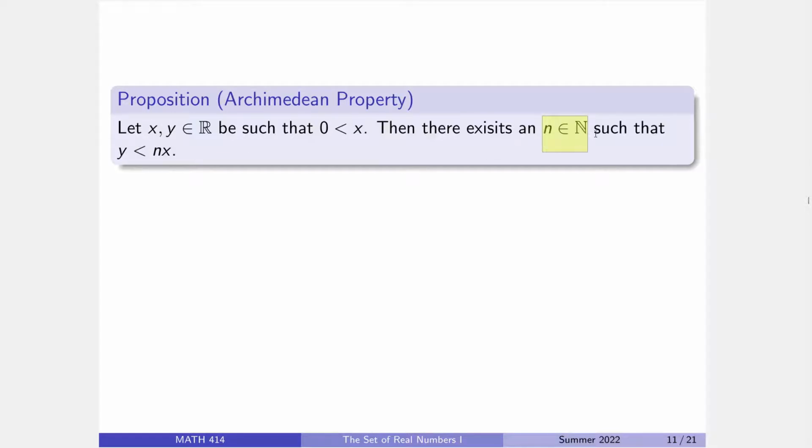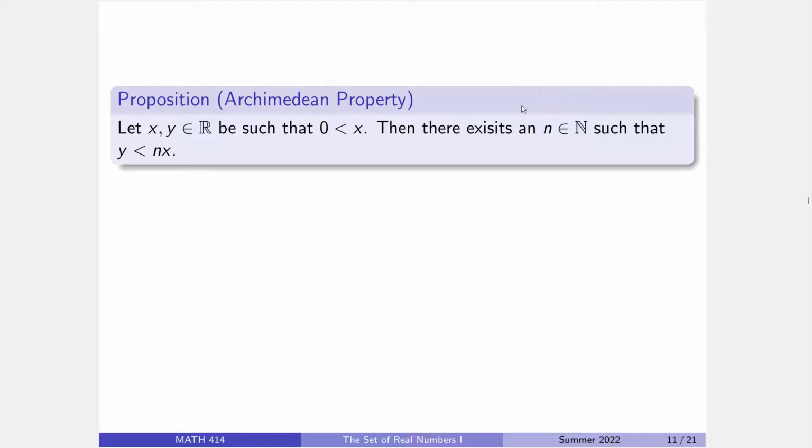Note that if I allow 0 to be part of the discussion, this is not necessarily true, because if I multiply by 0, that forces y to be negative, but my hypothesis here is that y is any real number. So the Archimedean property is one of the many reasons why I think the natural numbers should start at 1. And it's worth noting, we're finally actually going to use the least upper bound property of the real numbers to prove this.